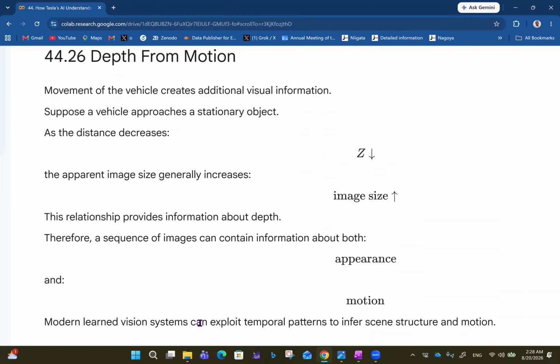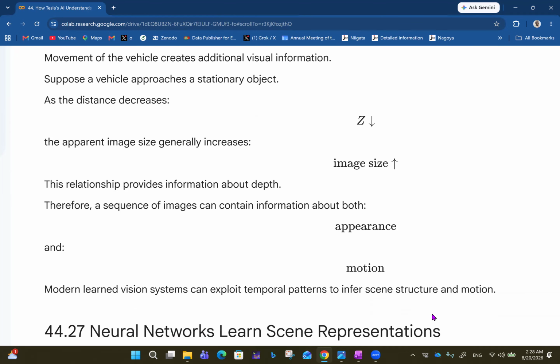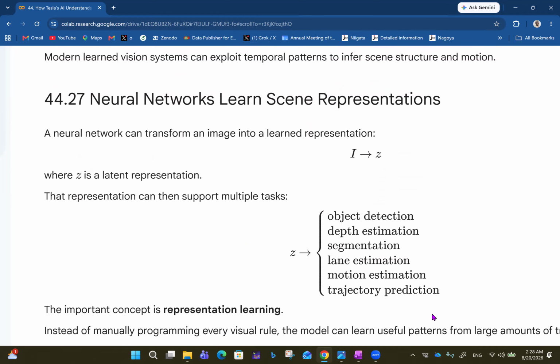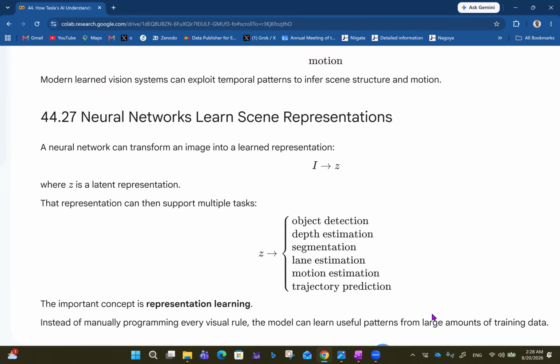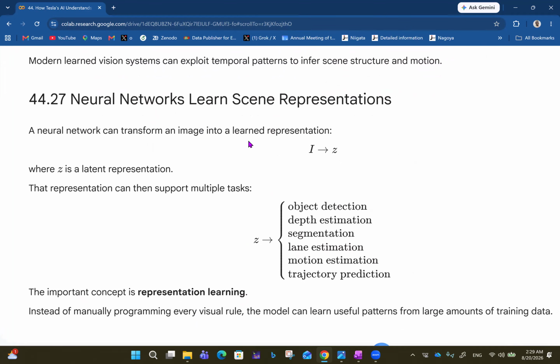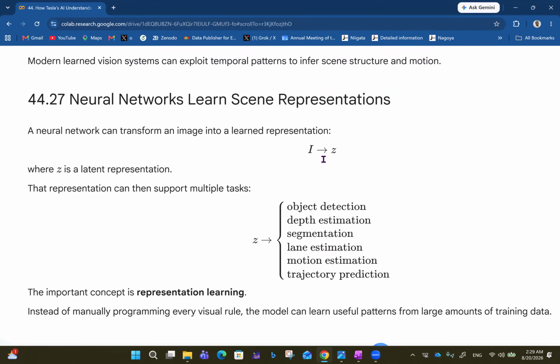So modern learned vision systems can exploit temporal patterns to infer scene structure and motion. Then we have neural networks learning scene representations, right? A neural network can transform an image I into a learned representation Z, where Z is a latent representation.